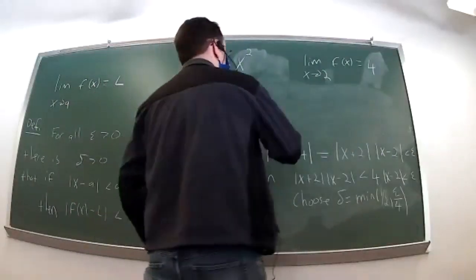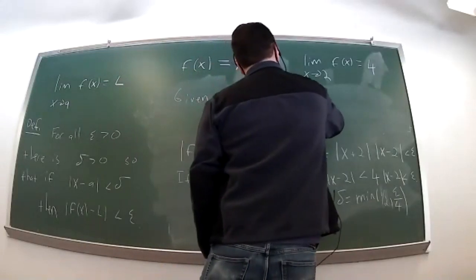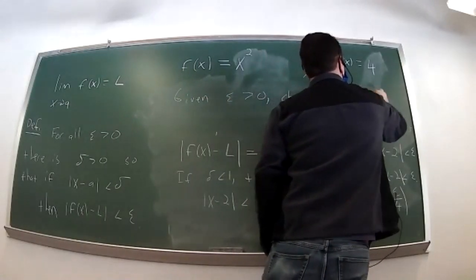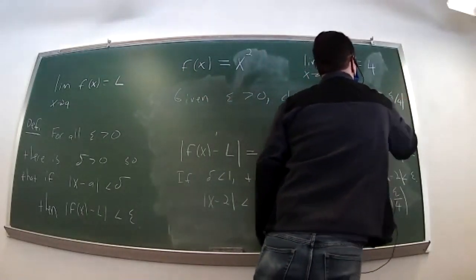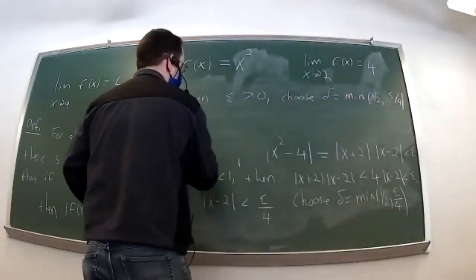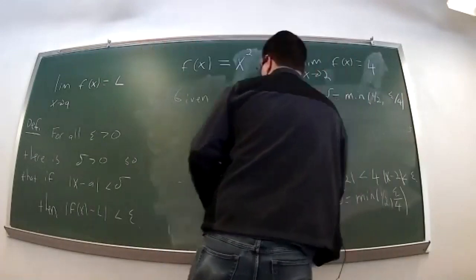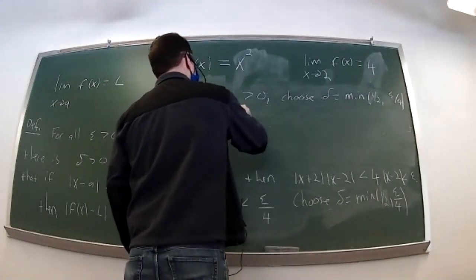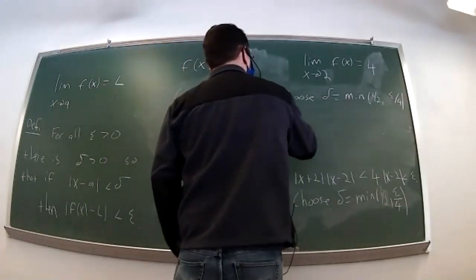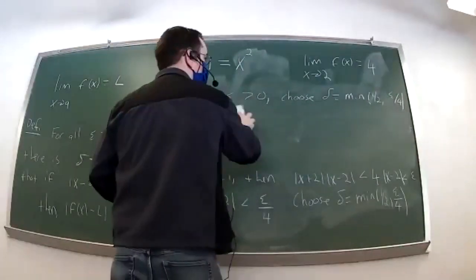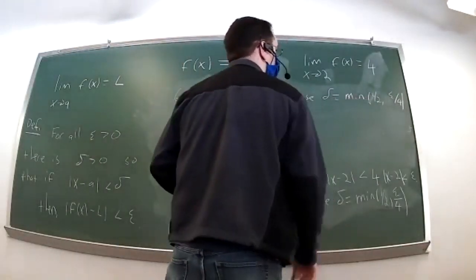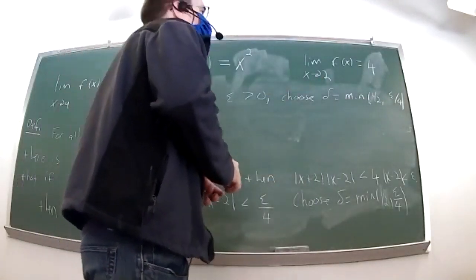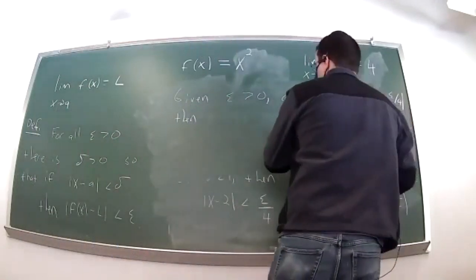So you do that, then you say, okay, choose delta to be the minimum of 1/2 and epsilon over 4. And then you can conclude that delta is less than 1 and delta is less than or equal to epsilon over 4.